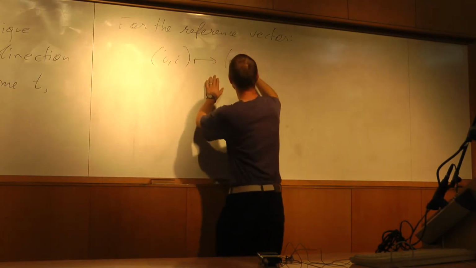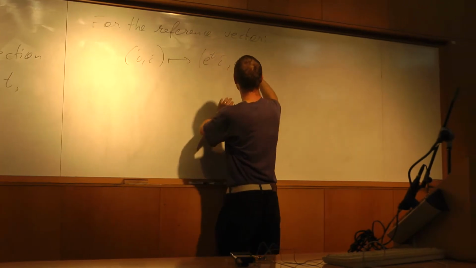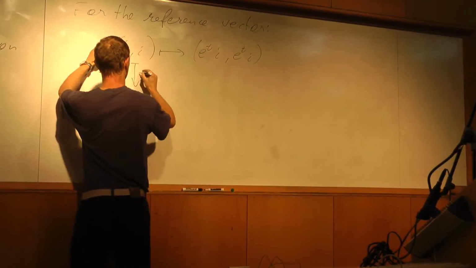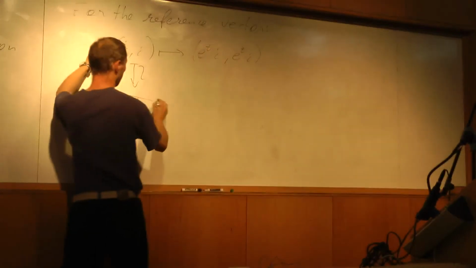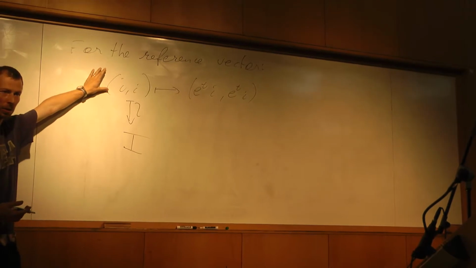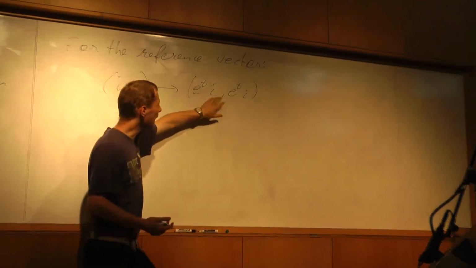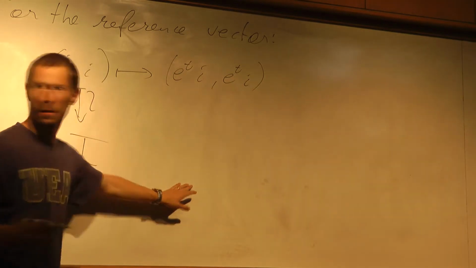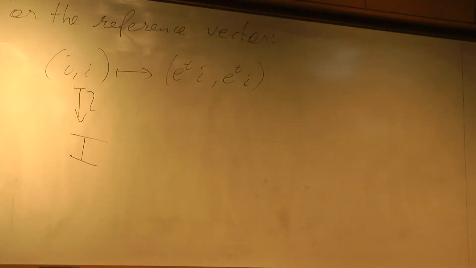i goes to e to the t i. i corresponds, under the isomorphism, to the identity, because that's my reference point. What does e to the t i correspond to under the isomorphism to PSL2R?